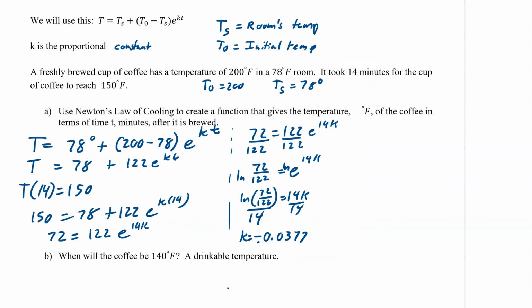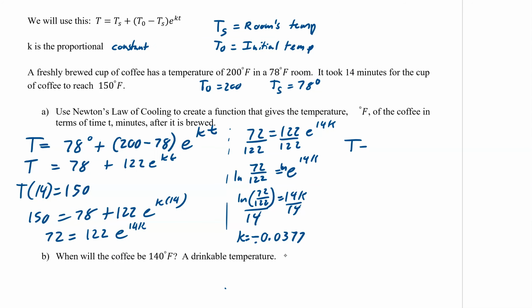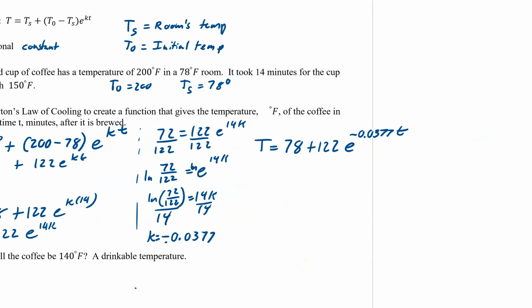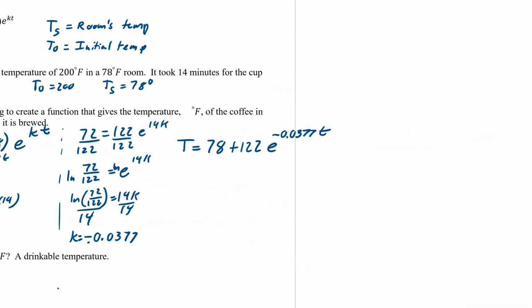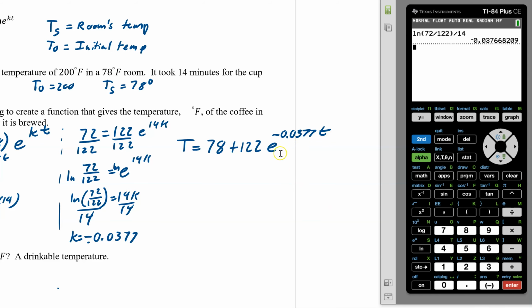So now if we plug that in, we have a formula that will give us the temperature at a certain time. And so now all we have to do is verify it to make sure it's true. So at 14 minutes it's supposed to be 150. So we already know if we plug in 0, this is 200.